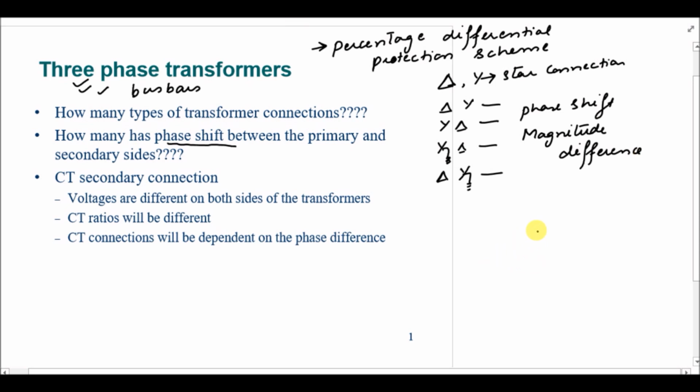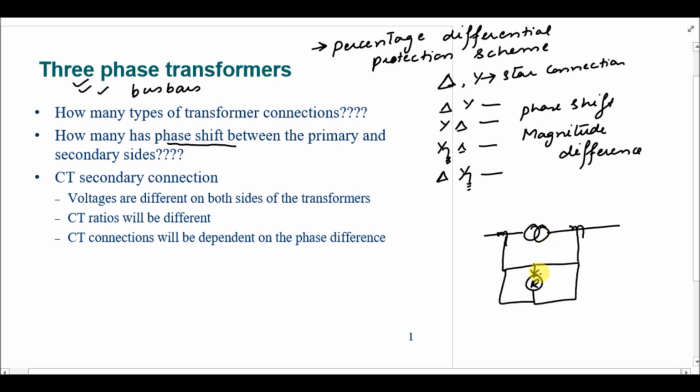As we know, in the differential scheme we have an overcurrent relay that is fed from the CTs of the primary as well as secondary of the transformer.